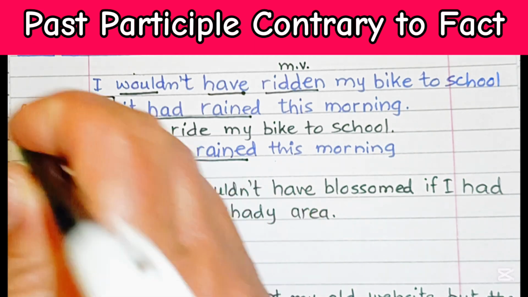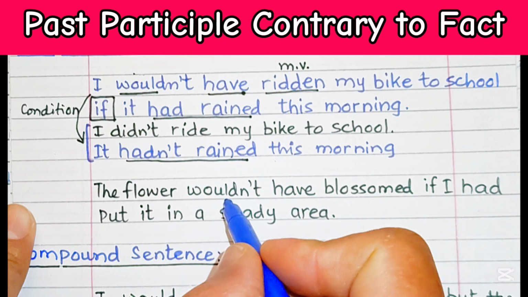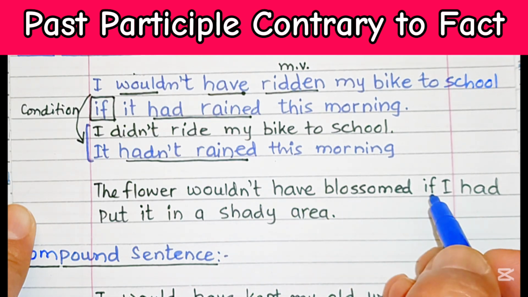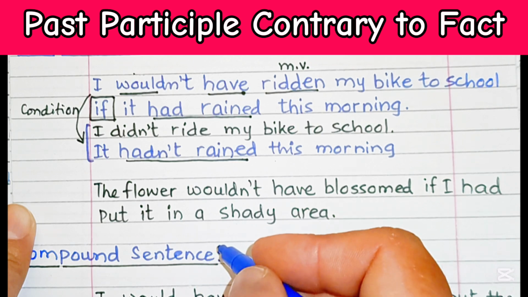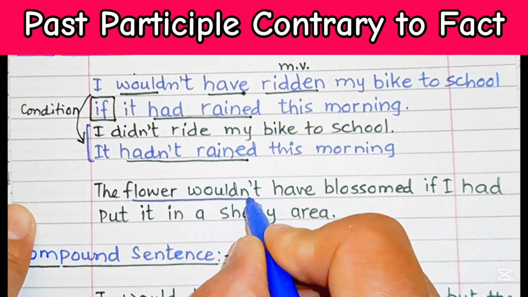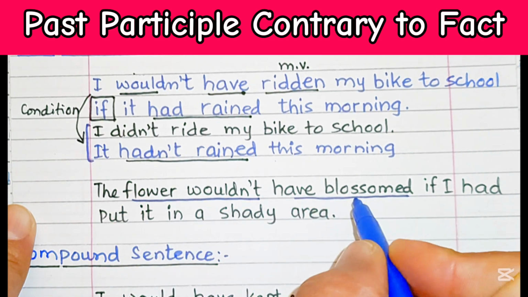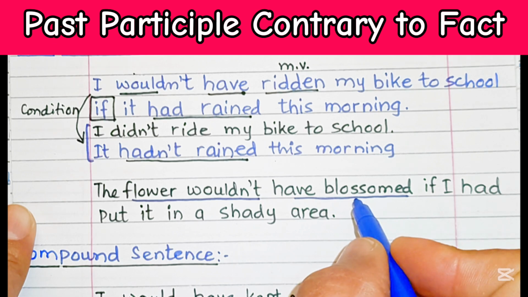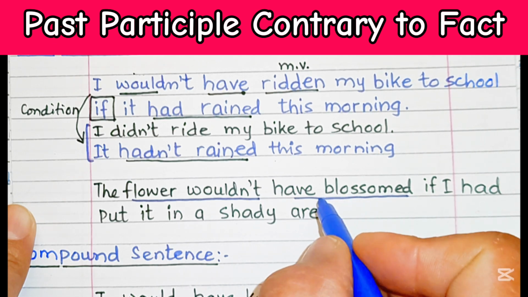Now take another example. The flower won't have blossomed if I had put it in a shady area. So this did happen. The flower did blossom. So over here, it means the flower did blossom.